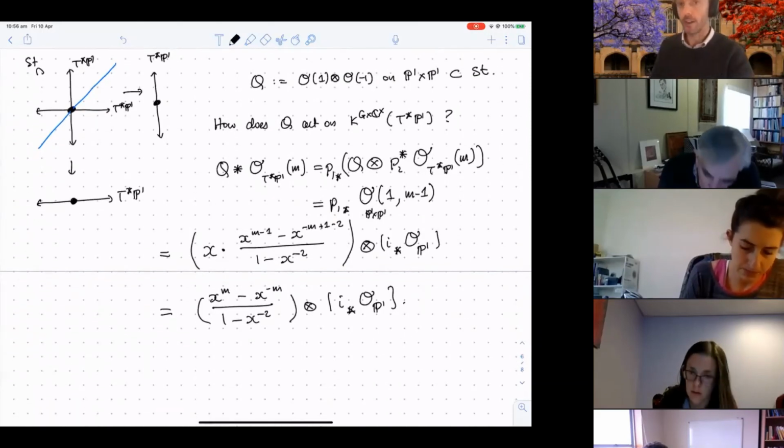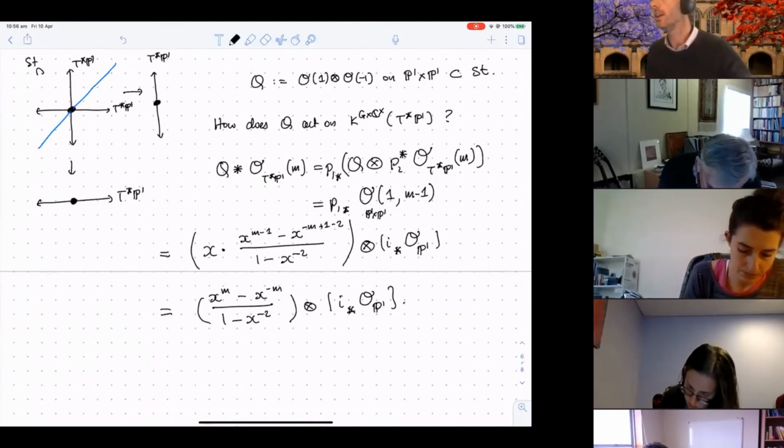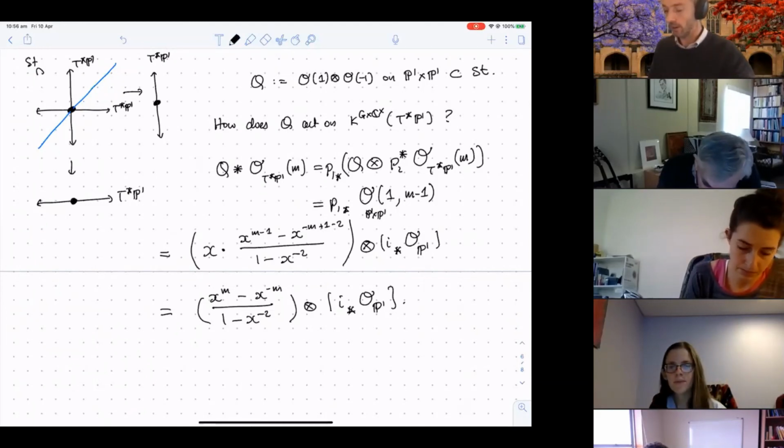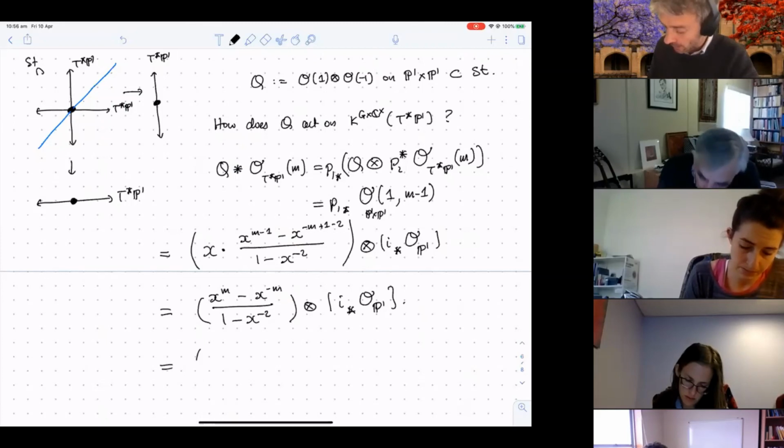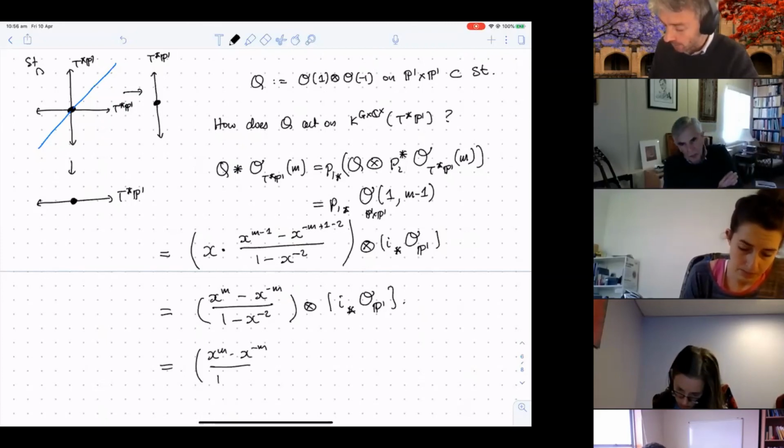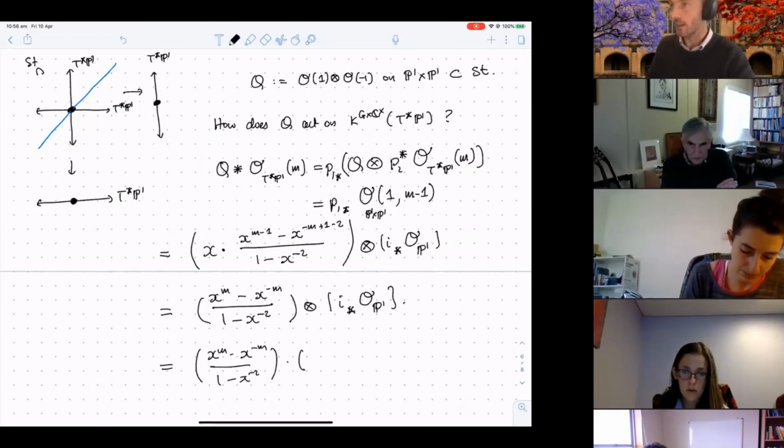Now, to finish this story, how about I just state that this gives us x to the m minus x to the minus m, over 1 minus x to the minus 2, times something. What do I get?